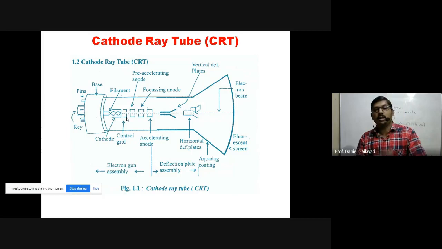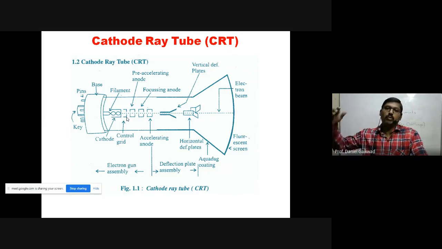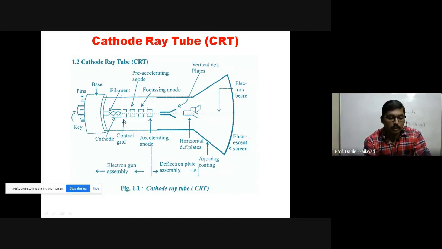This happens when the electron beam is moving from right to left. While going from left to right, there is no such condition, but from right to left, the electron beam should be off, so no electron will reach the screen. That is why negative potential is given to the control grid, so that no electron is emitted or goes towards the screen. That is the important part.